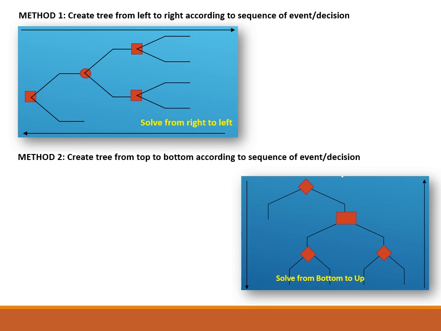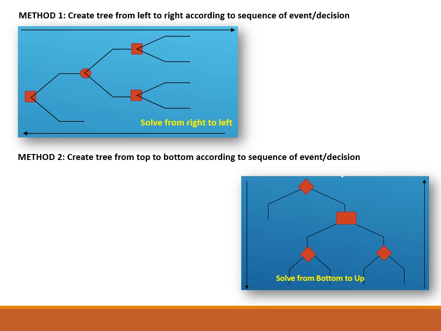All right, first of all, there are 2 types of drawing decision tree. You can either do it horizontally or vertically. So the first method, if you do it horizontally, you create the tree from left to right according to sequence of event or decision. And then you do the decision making by solving from right to left.